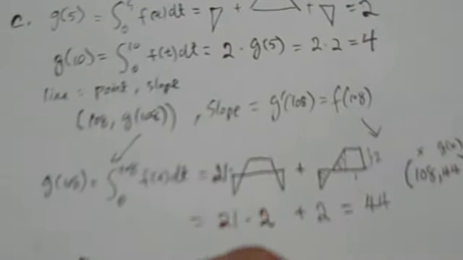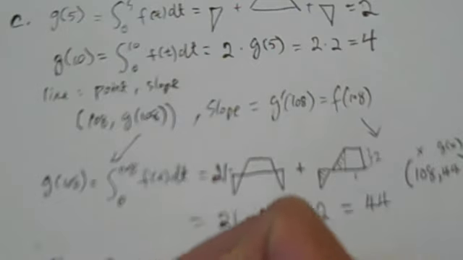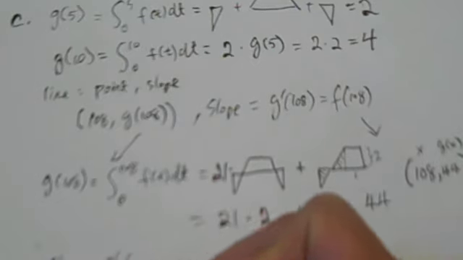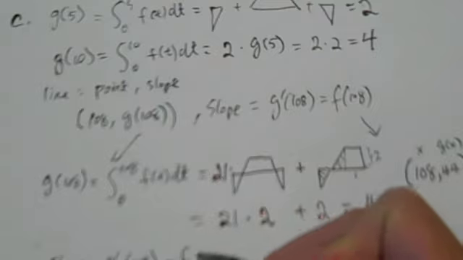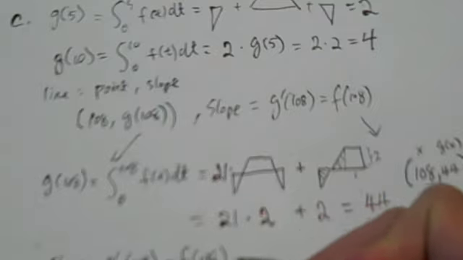Now we also need to figure out the slope. So slope is g prime of 108, which is f of 108. And now f of 108, notice for every phi we're going to do this 21 times, and eventually it comes to here.